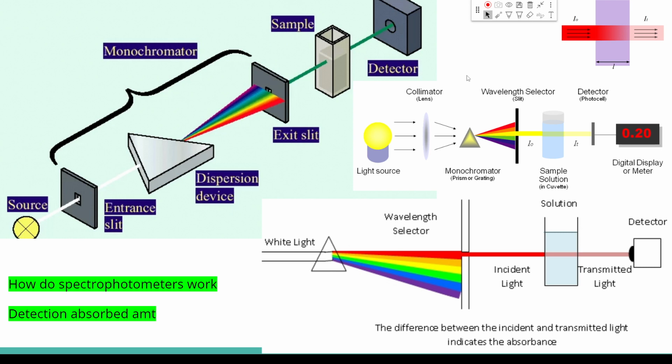So you choose your wavelength on the machine, and that color is going to go through the cuvette. So here's the cuvette, and here you could see that this one chose yellow. And so that yellow is going through, and as it goes through, the light is bouncing off the various particles that are in that cuvette, and so by the time the beam comes out, it's going to be less visible or less concentrated compared to earlier.